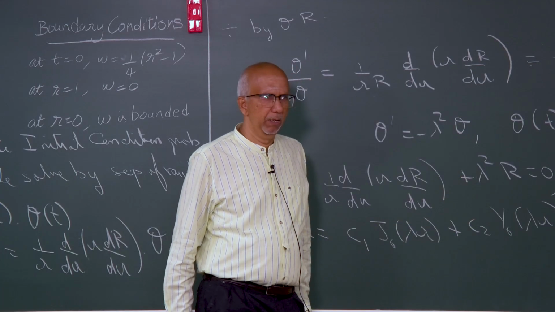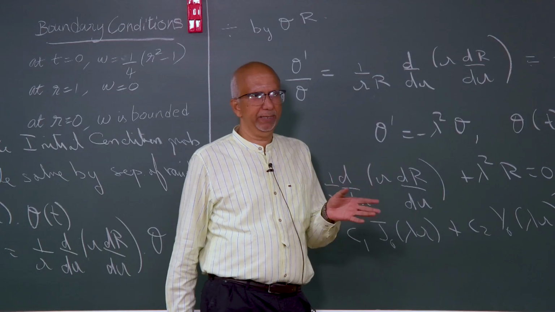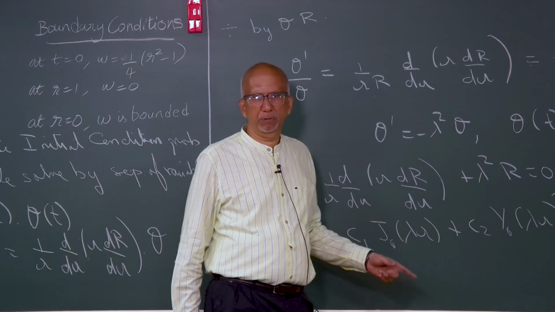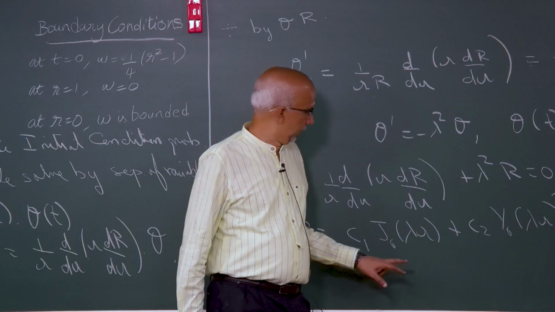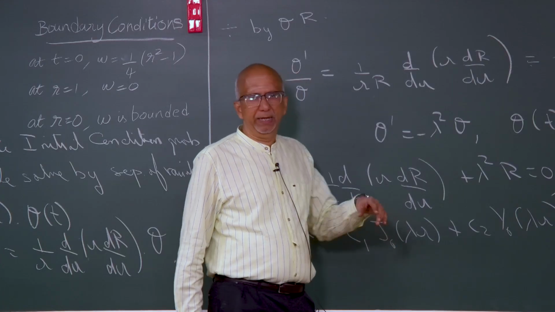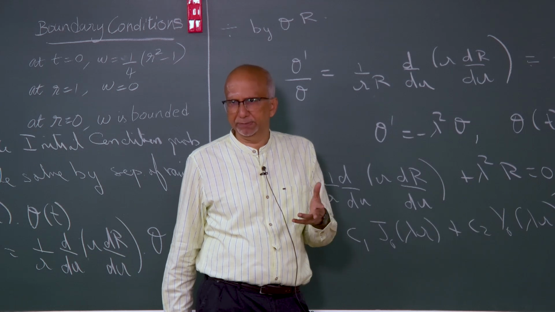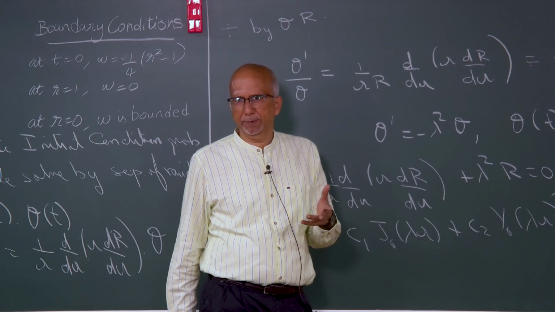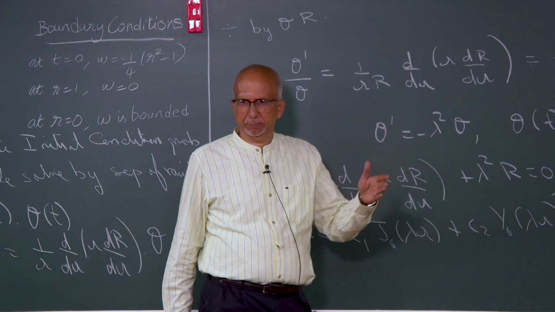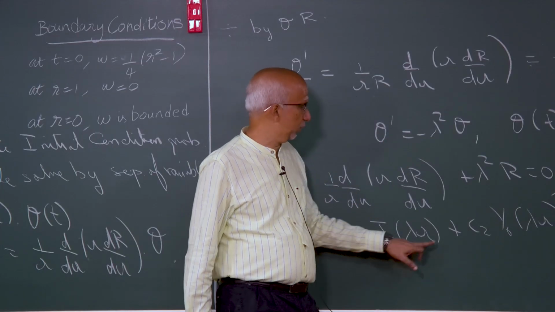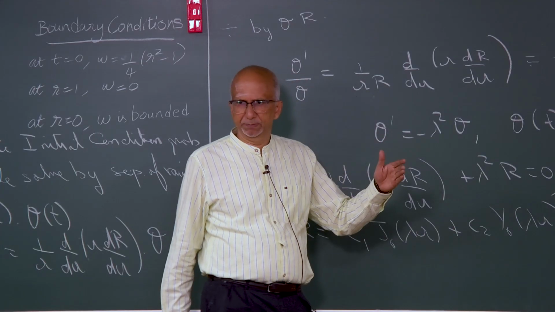Now some of you were not in the math course. One way to look at it is, in Cartesian coordinates, you get sine and cosine, which have a power series expansion. This J0 and Y0 also have a power series.